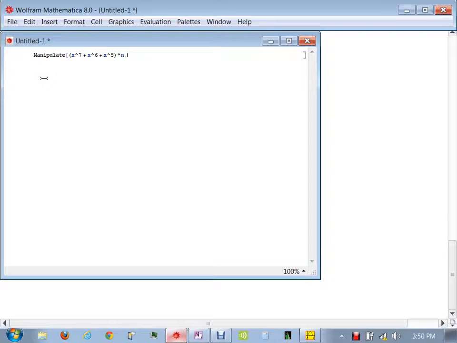And then n started at 1 to 1,241, step size 1. And I forgot to say expand, so hold on. Expand.